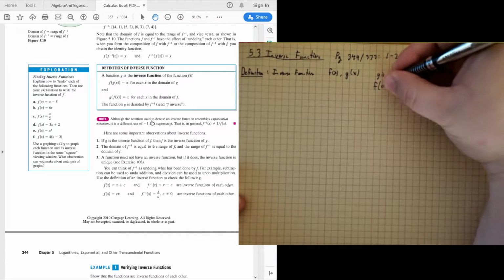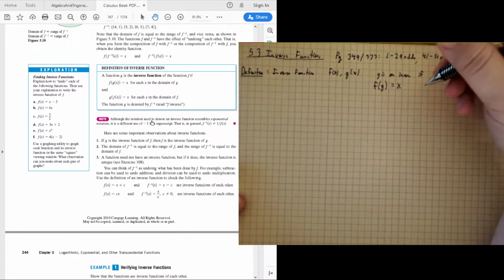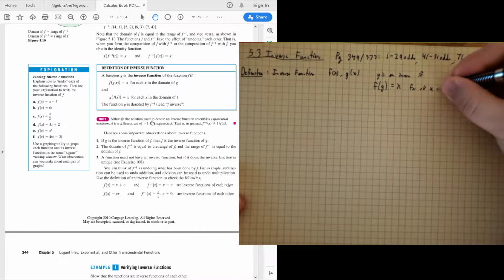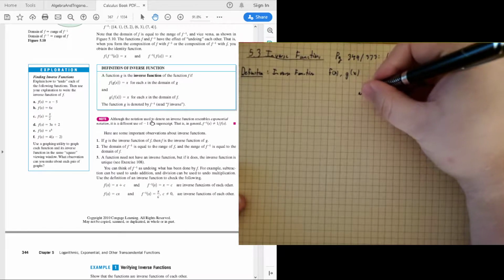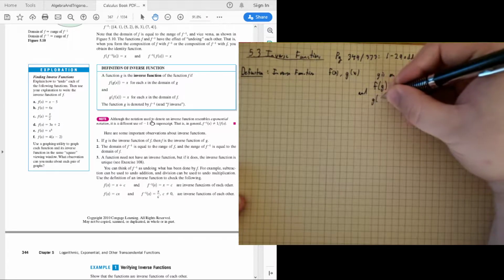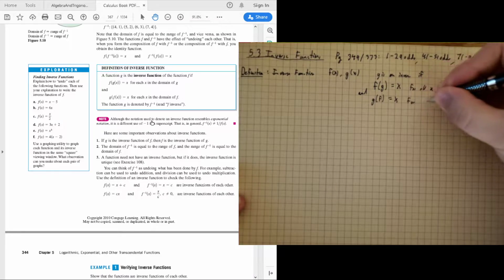f of g of x is equal to x for every x in the domain, and g of f of x equals x for all x in the domain.